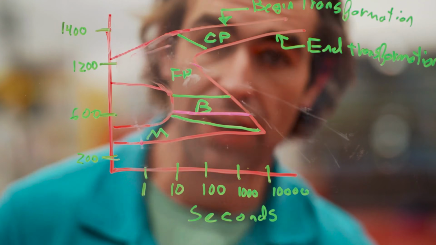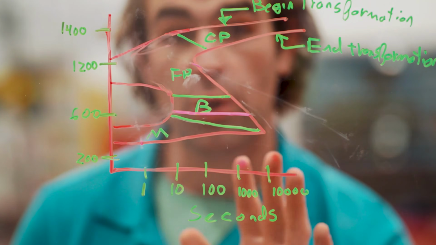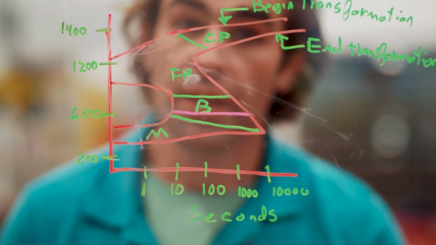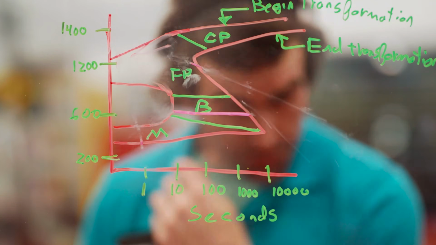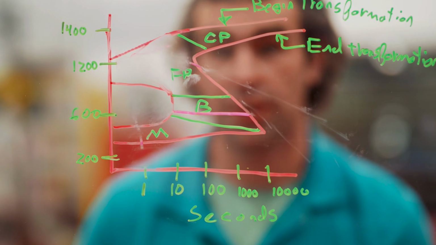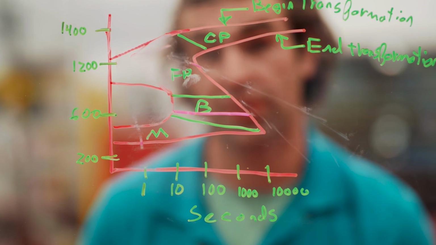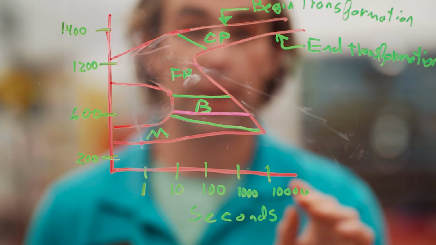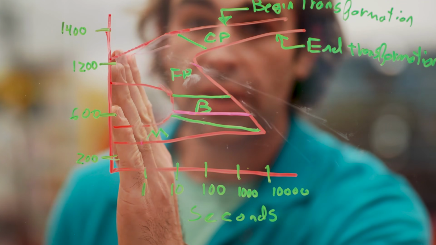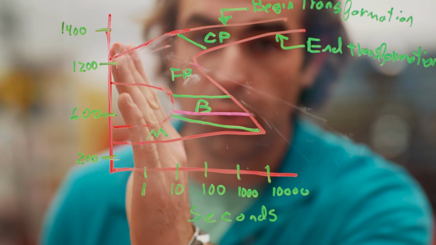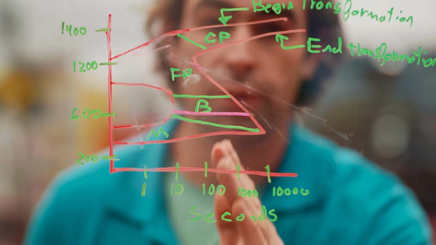It'll go through that fine pearlite region. That's the only structure we can get. That is typical of a lower carbon steel, maybe a 1020 steel. As you raise the carbon in the steel, what's called the pearlite nose will move to the right.